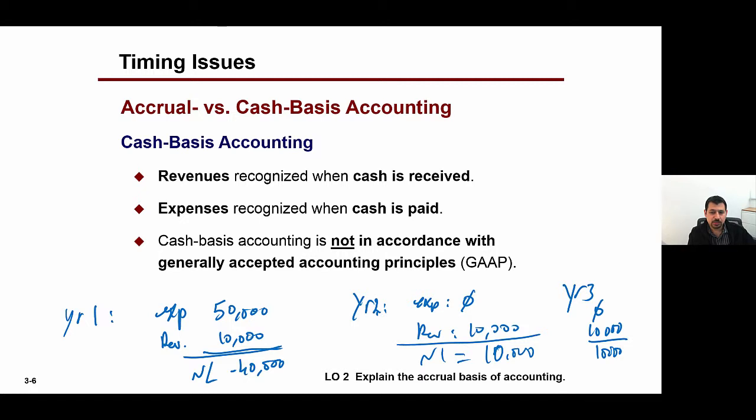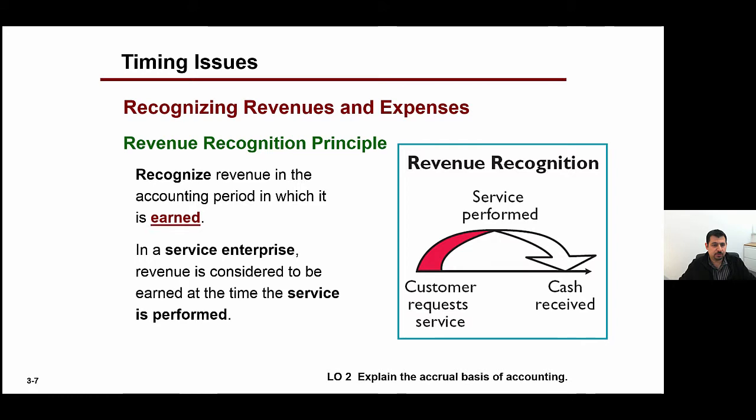This is usually how individuals and small businesses may use cash basis. However, medium and large businesses always use accrual because under US GAAP, it is required. Throughout this semester, we will be talking mostly about accrual basis accounting, and we will be recognizing revenues and expenses according to accrual basis accounting.